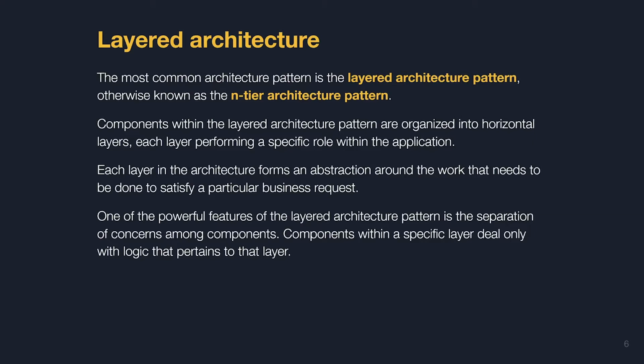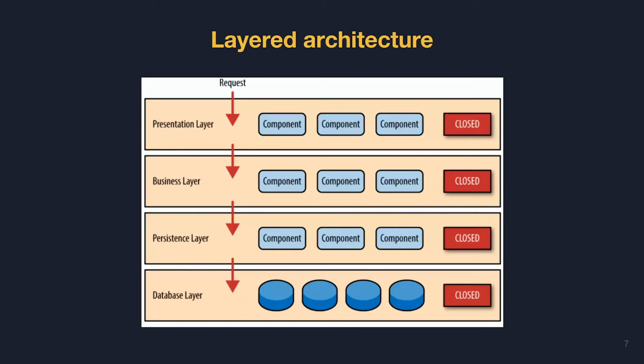For example, we'll have a presentation layer, then a business layer, and then some login services, some login layer, etc. Each layer in the architecture forms an abstraction around the work that needs to be done, which means that the layers have little knowledge about the implementation details of the other layers. I'll give this example.